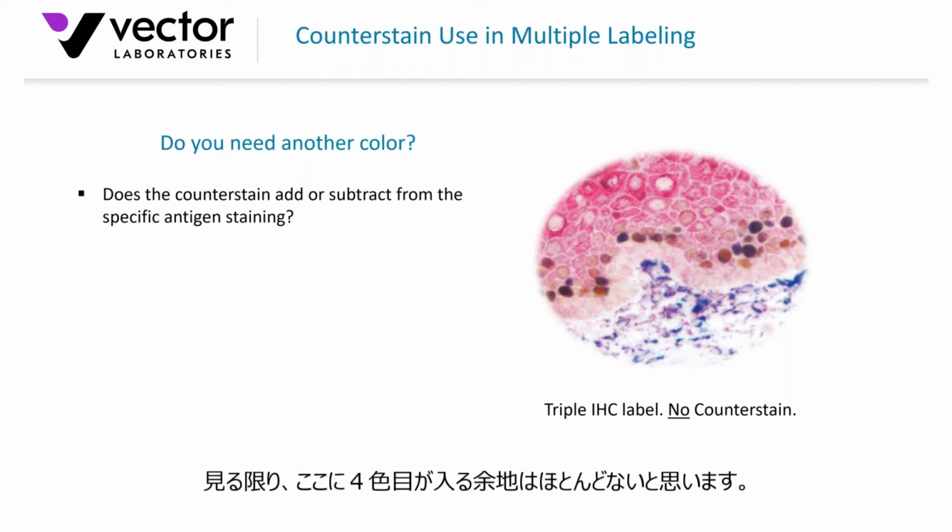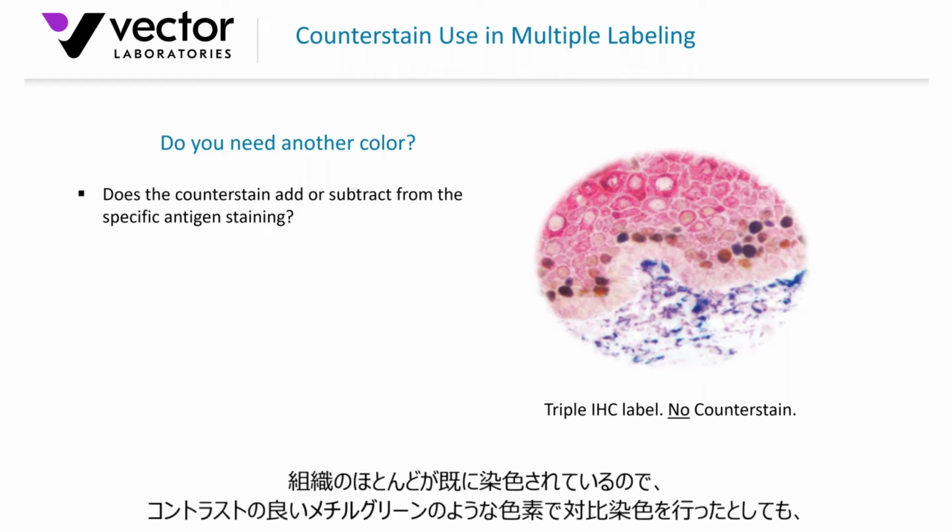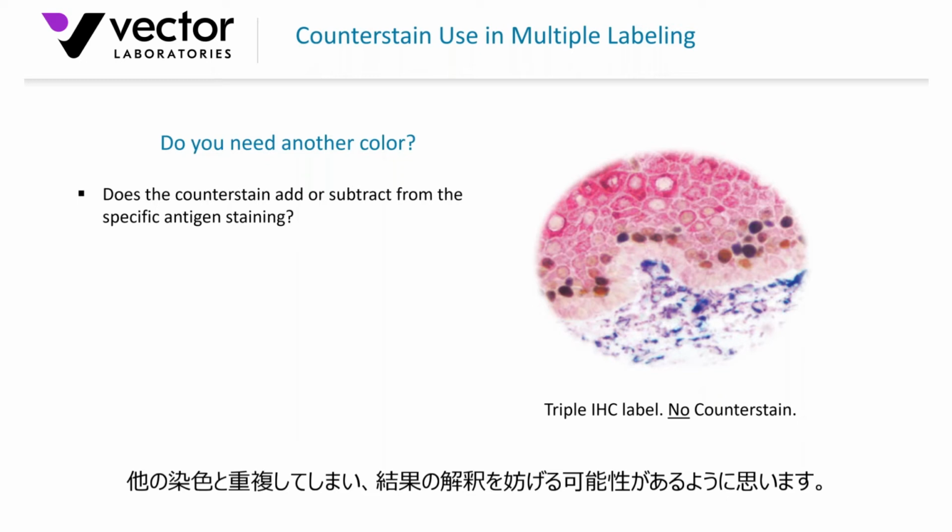In the example I've got here, I don't see that there would be a place for introducing a 4th color. Given the extent of staining you've got in the specimen, all of the tissue is pretty much occupied. So putting in some contrasting stain, let's just call it a methyl green here, for example, I don't think that that would help. I think it would potentially mask some of the staining and interfere with interpretation of your results.